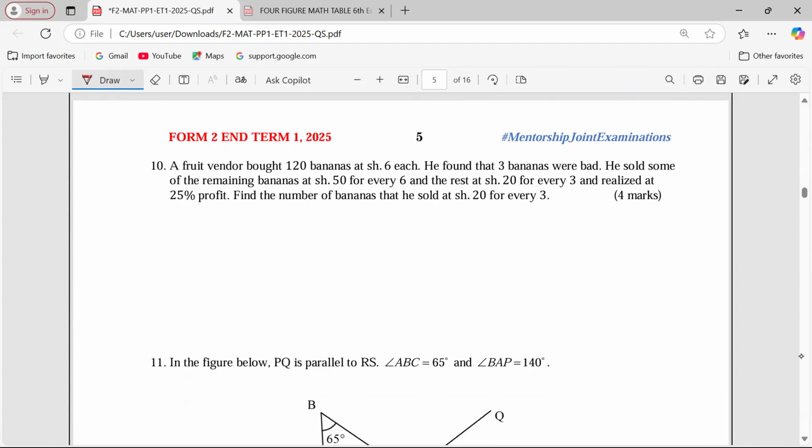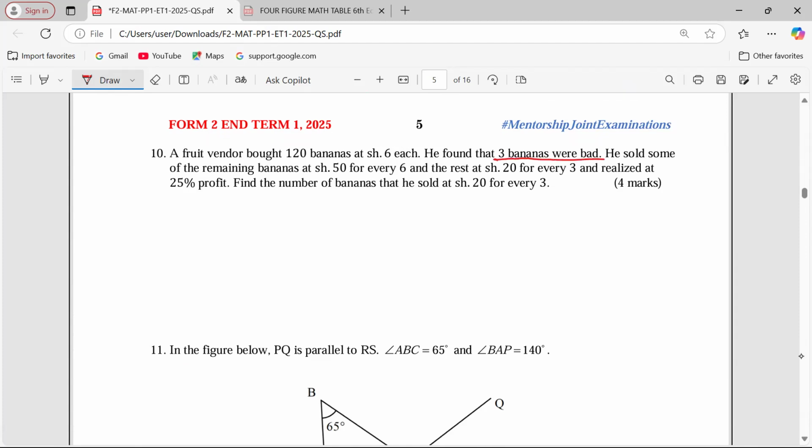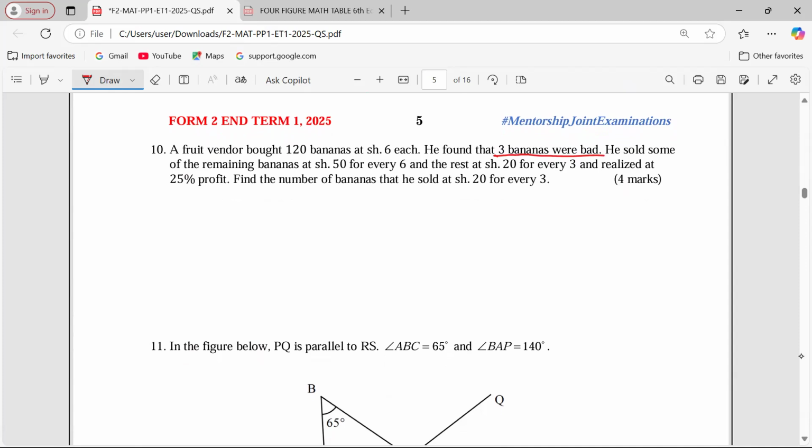Okay, we're supposed to analyze this question very keenly because 3 bananas were found bad. That is something we're supposed to know. Therefore, you can say the remaining bananas are 117 bananas.